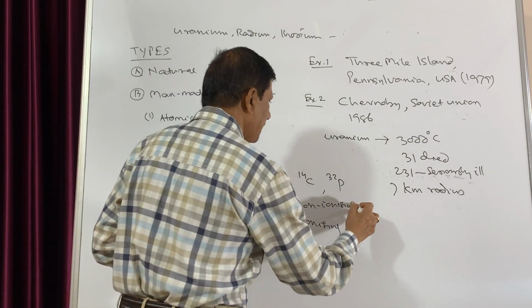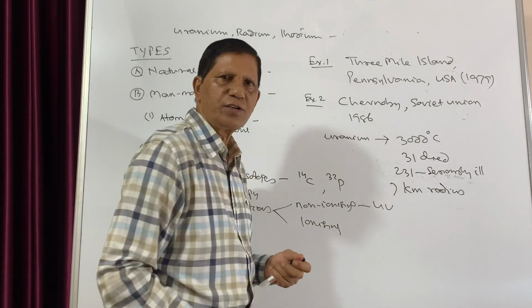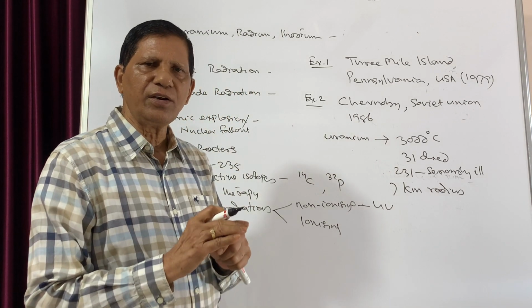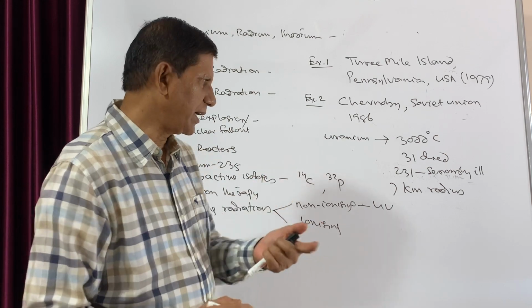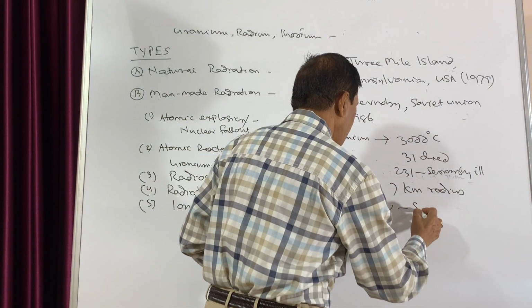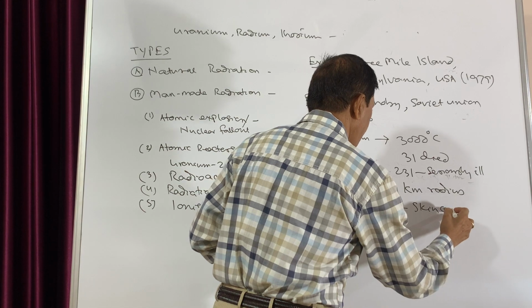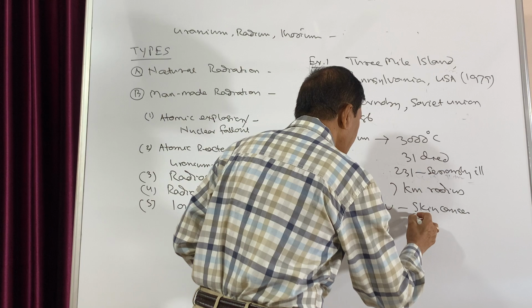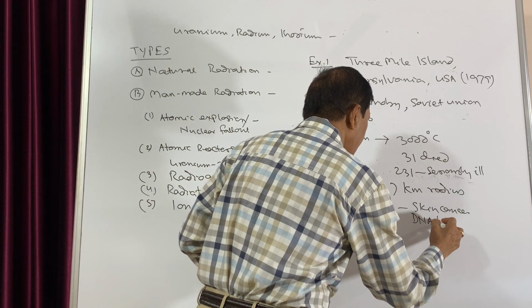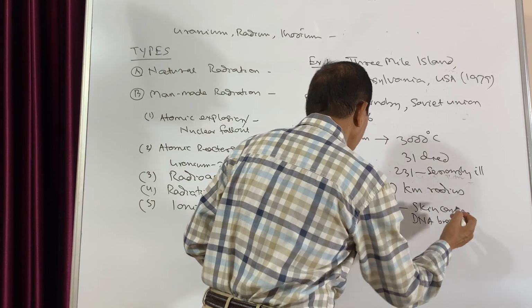The non-ionizing example is UV rays. UV rays are usually non-ionizing, but if a person is continuously exposed, it will lead to skin cancer. And another important defect is that there will be breaks in the DNA. So these are the two.